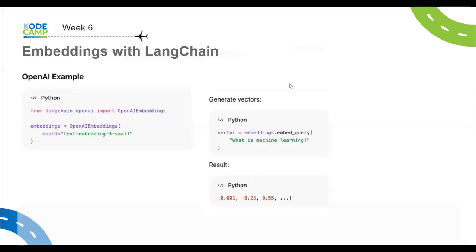With LangChain, once you have defined an embedding, you just run embed query to embed the query, and this is what you use to generate vectors. You can use lists as well, and others.